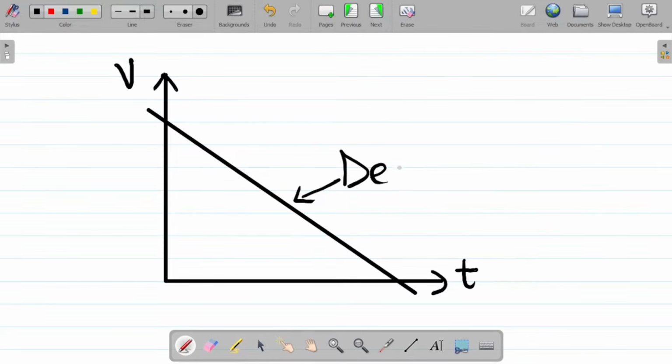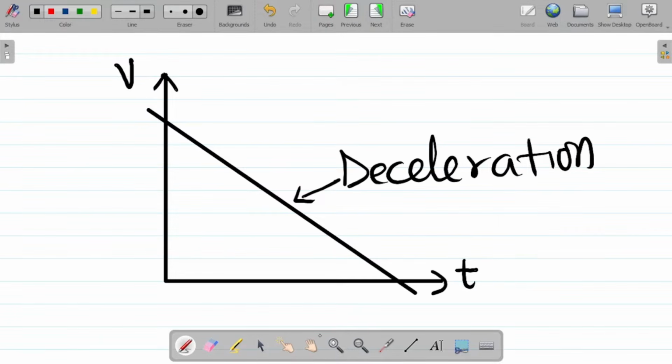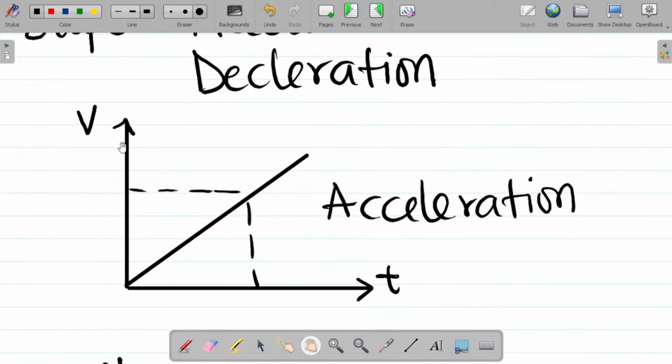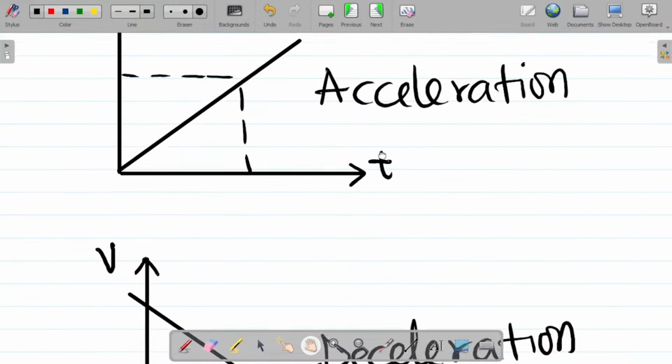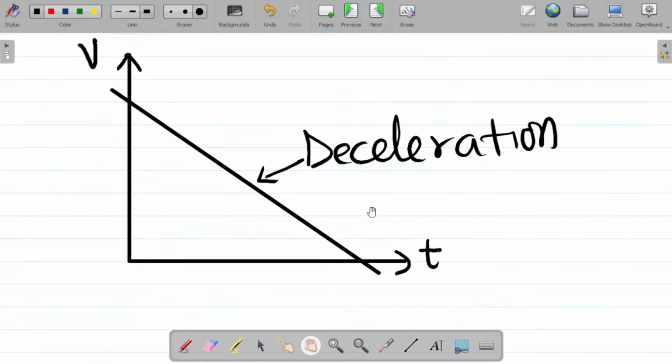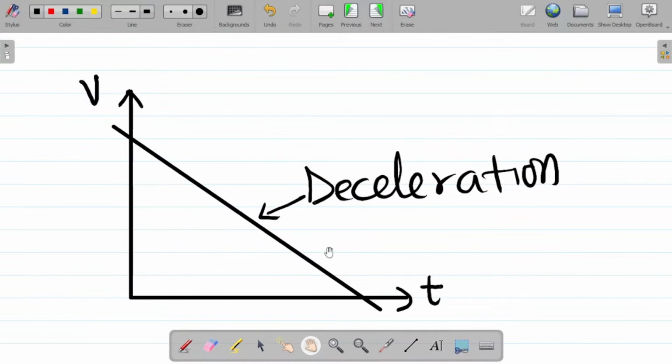So the slope of this graph gives a deceleration. So that's the basic difference. Know when you can find acceleration and where you can find deceleration in a VT graph. If the velocity is increasing with respect to time, an acceleration will be recorded, while if the velocity is reducing with respect to time, as in this case here, a deceleration will be recorded.